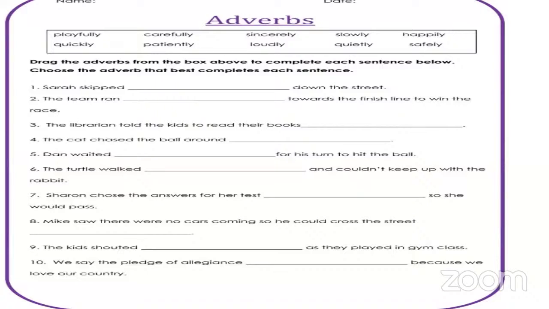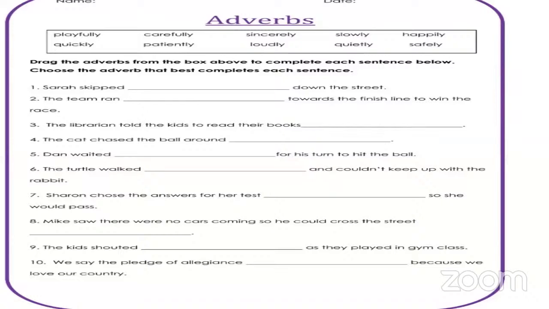The turtle walked blank and couldn't keep up with the rabbit. Sharon chose the answers for her test blank so he would pass. Number 8. Mike saw there were no cars coming, so he could cross the street.